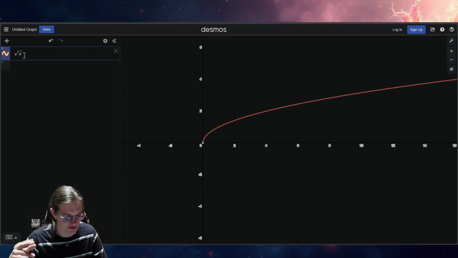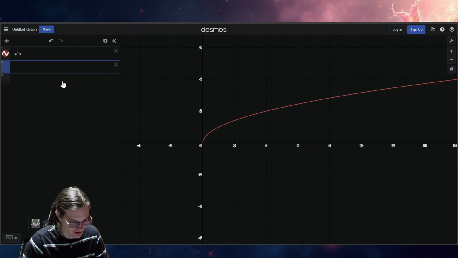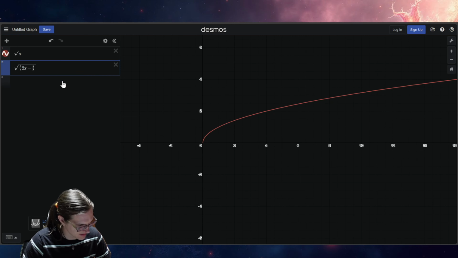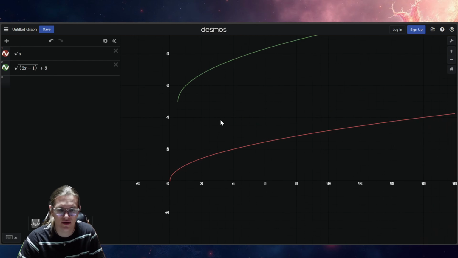Well, this time let's do f of x equals square root of x going to h of x equals the square root of 2x minus 1, plus 5, right?